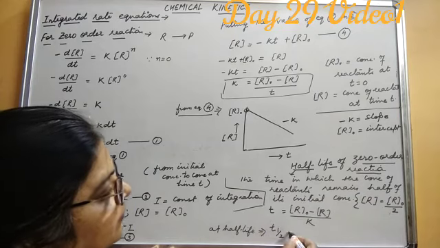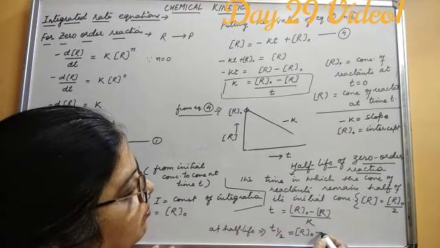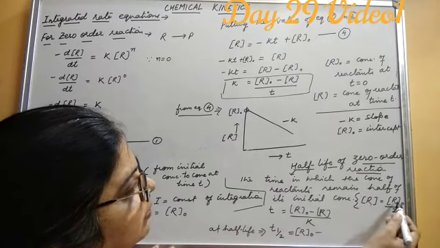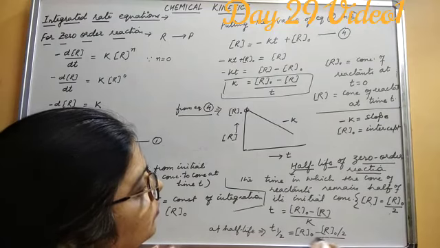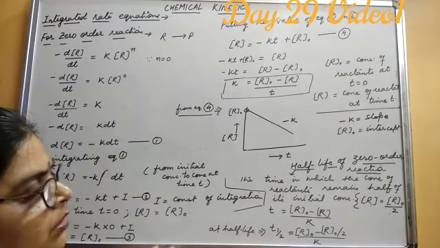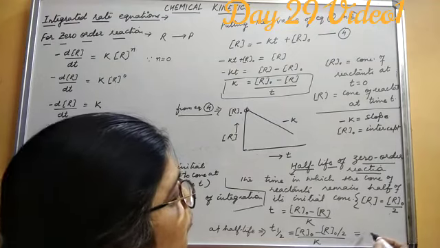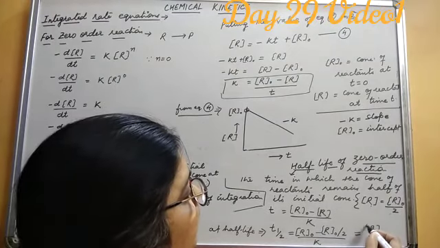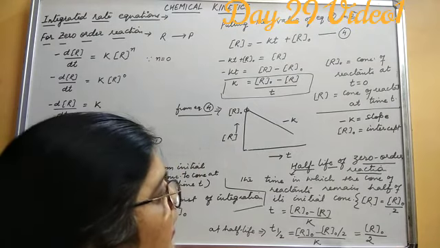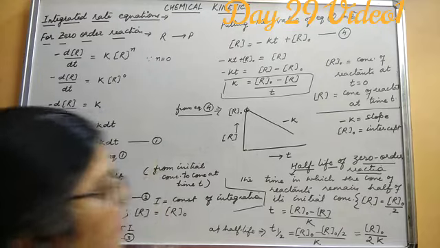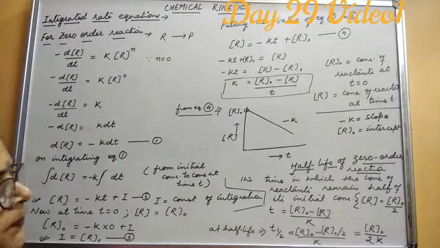The initial concentration will be R0 as it is, but the concentration will be R0 upon 2 at half-life time. If half of R0 is subtracted from R0, what is left is R0 upon 2, and k is there, so half-life t half equal to R0 upon 2k.